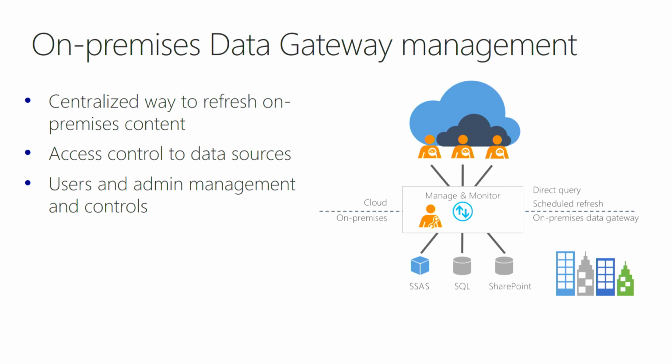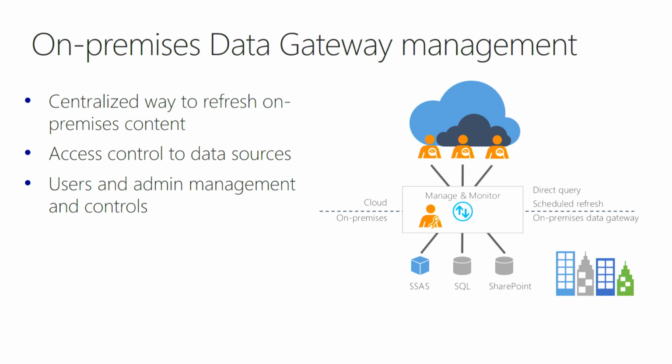Now, from a management perspective, I know we have the personal mode gateway, which we will talk about in a bit, but the default mode for the on-premises data gateway allows for centralized management. So as a user or as an IT admin, you can download the gateway once and share it with all your analysts who are trying to use or build reports against your on-prem data sources.